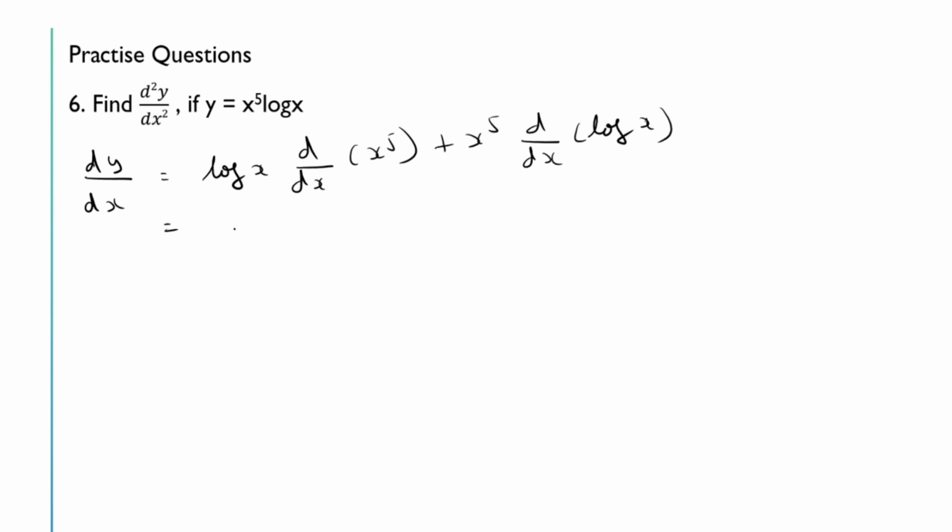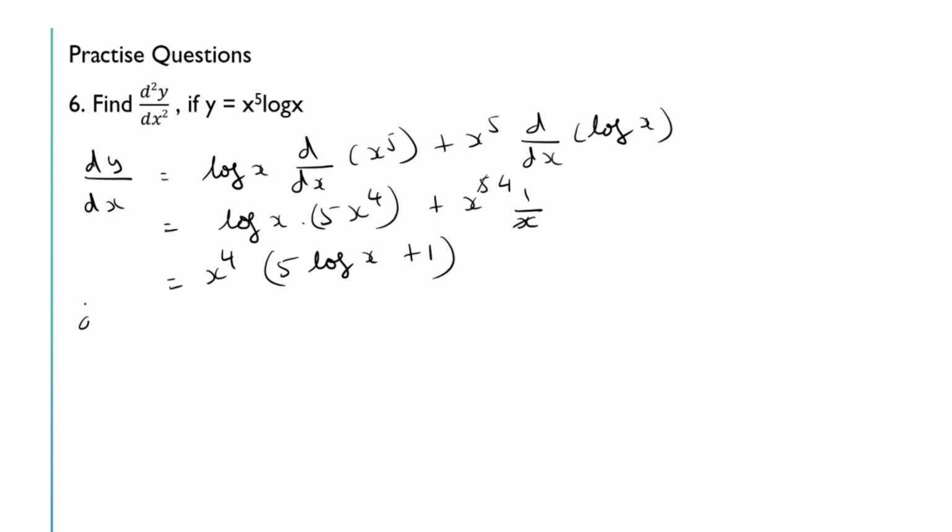So this is equal to log x into 5x raised to 4, because the derivative of x raised to 5 is 5x raised to 4, plus x raised to 5 into the derivative of log x, which is 1 by x. So here we will have x raised to 4. So this is equal to x raised to 4 is common. Let us take it outside. x raised to 4 into 5 log x plus 1.